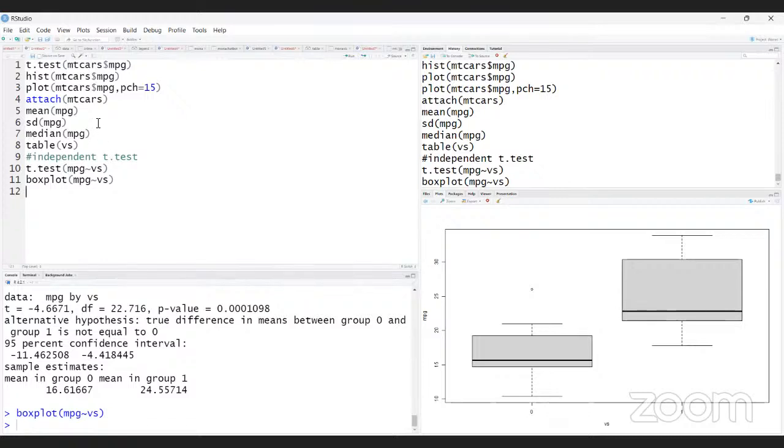For each command, you can write some comment line. There is no problem, so that it will be useful for you to find out the specific problem. This is a comment line.